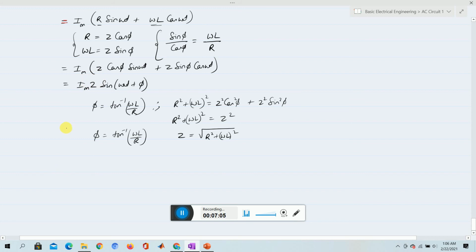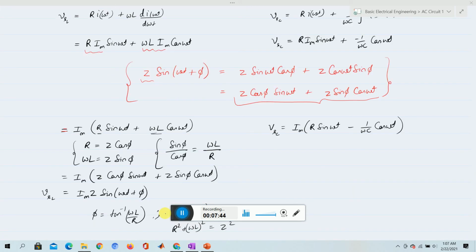If I substitute it here, I get the value of the voltage VSL, which is Im Z, where you can put the value of Z or simply write the Z term, times sine of omega t plus tan inverse of omega L by R. So this is the voltage equation. Let us similarly check what it is for the capacitor.